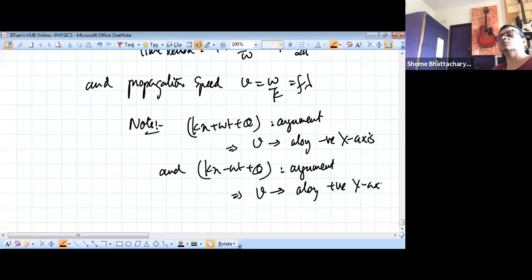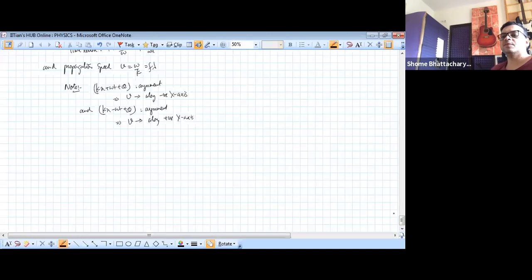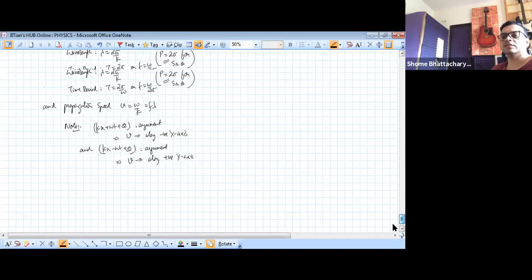And the reason you understood before is to do with the transformation concept. So you just understand this as a special case of the general equation of transverse wave that we have understood.